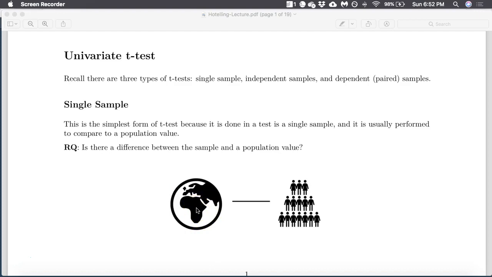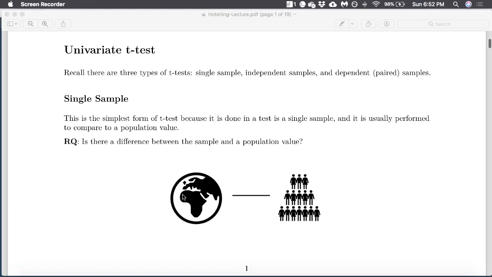It could definitely be a different population, like people in a different country compared to the population mean in the US. That would be reasonable. Or it could be something historical that the value was compared to. It varies.